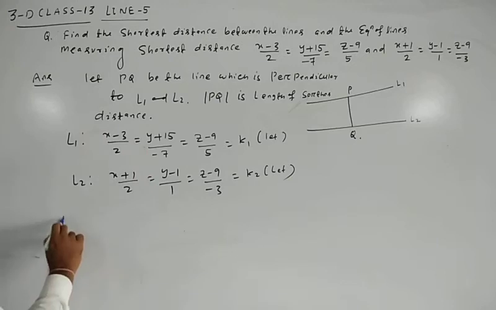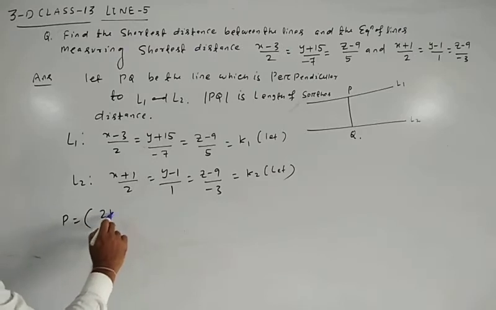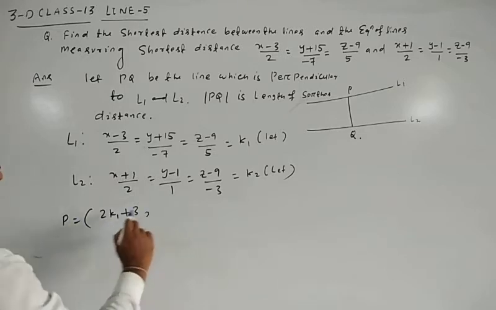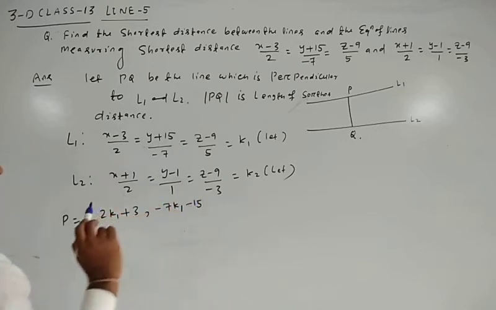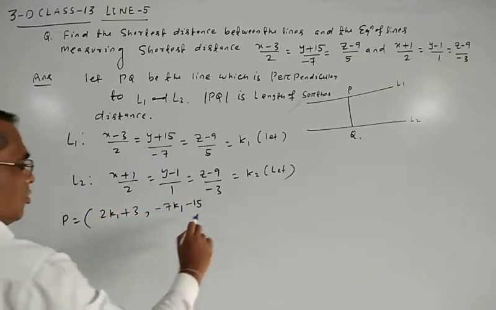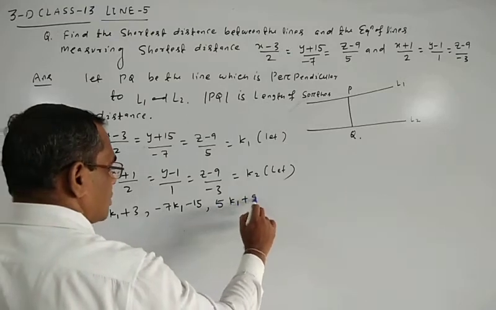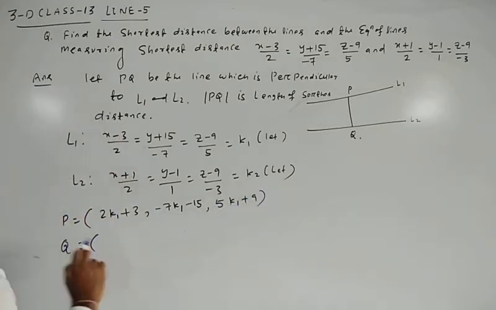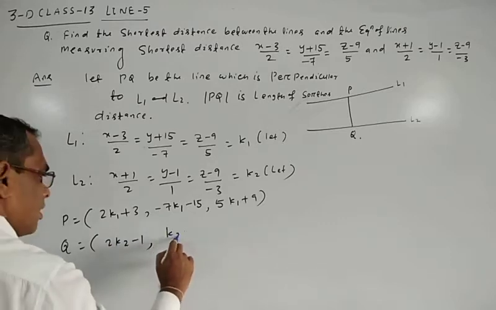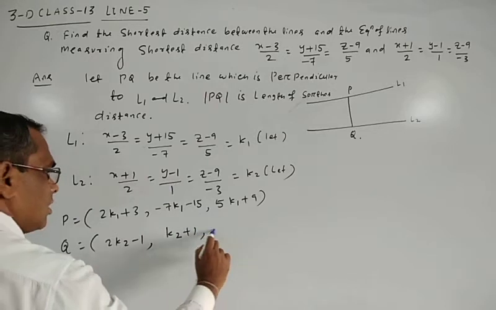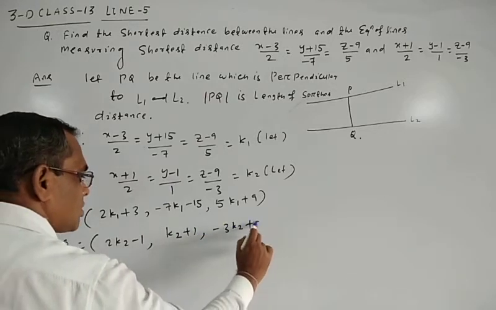So P is 2K1 plus 3, minus 7K1 minus 15, and 5K1 plus 9. And Q, any point on the second line, is 2K2 minus 1, K2 plus 1, and minus 3K2 plus 9.